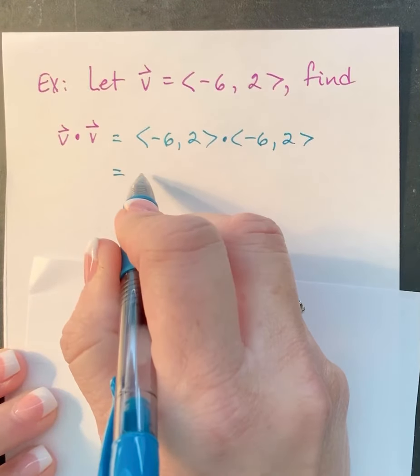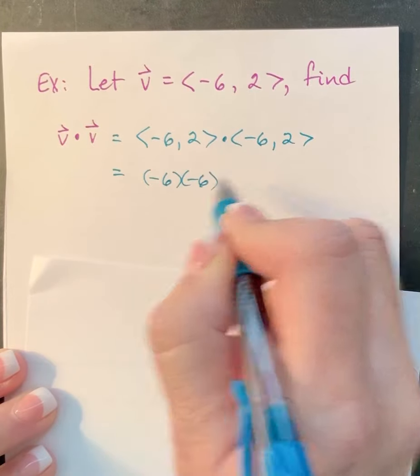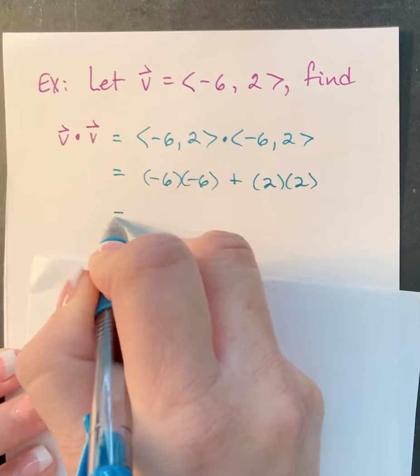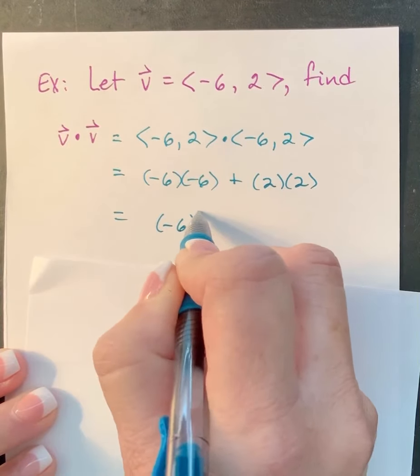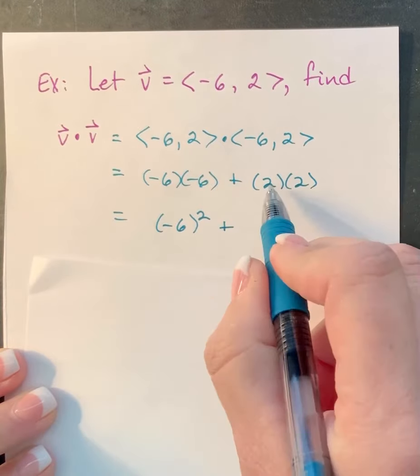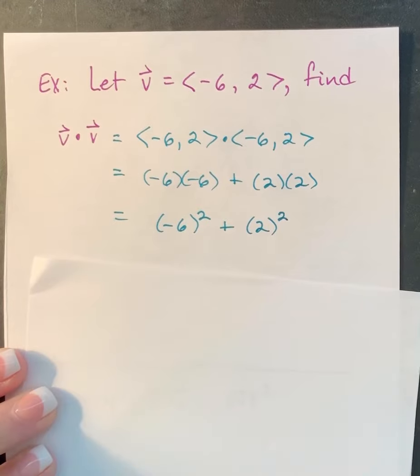In this case, it would be multiplying -6 times -6 plus 2 times 2. So basically, you're squaring -6, which is the horizontal component, adding to that the square of the vertical component, right? And that should look a little familiar to you. That's part of what you do when you're finding the magnitude of a vector, right?